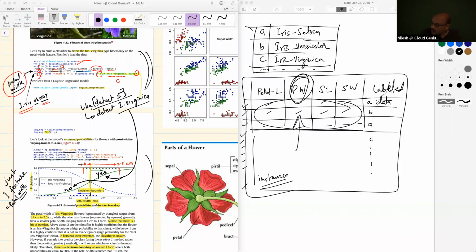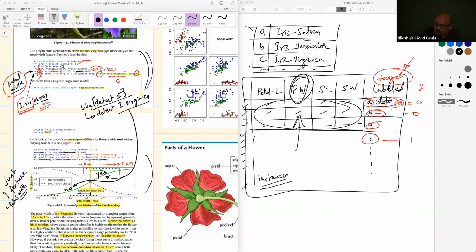These targets are already defined here. Target labels were A, B, and C, or virginica or not. So if it is labeled as A, then it will be a 0. If it is B and not A, that means it is also 0. But this is C, so this label will be 1. So we're creating a Y value based on target values, whether it is iris virginica or not.